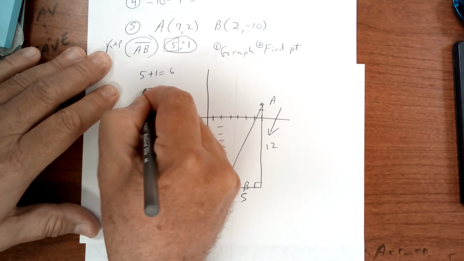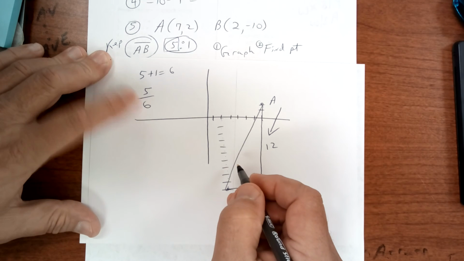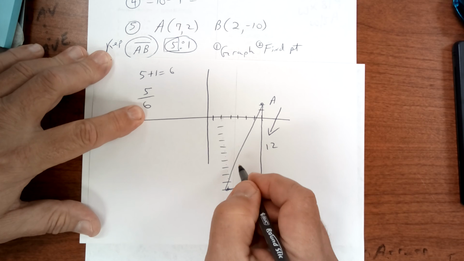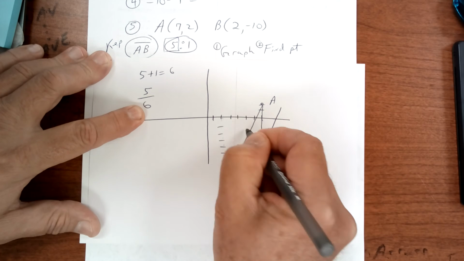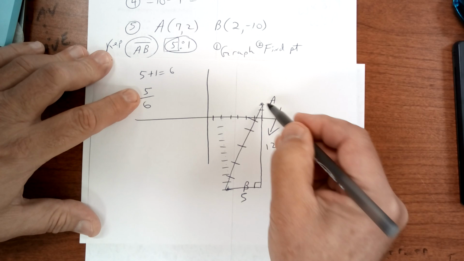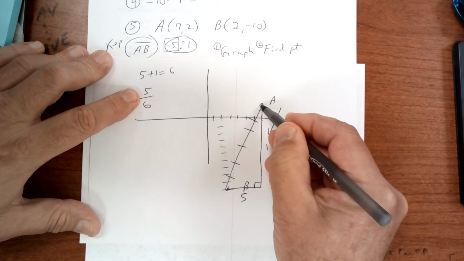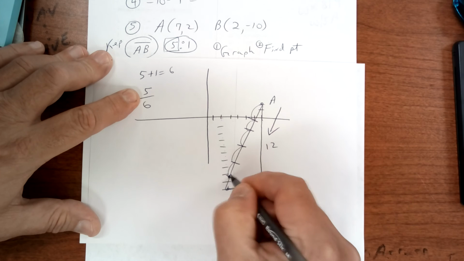So it's going to be 5 out of 6 pieces. So you're going to break this up into 6 pieces. Let's see what that's going to be. 1, 2, 3, 4, 5, 6. And you're going to keep 5, but you're going from A to B, so you're going this way. So 1, 2, 3, 4, 5. Your answer should be somewhere up in this region right there.